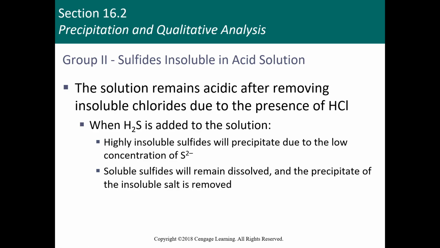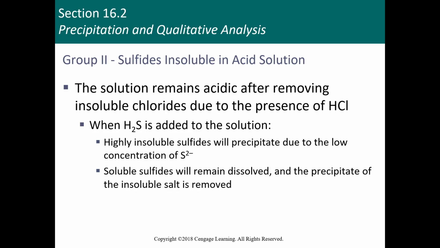When you add the H2S, the highly insoluble sulfides will precipitate due to the low concentration of S2-. So the ones that are extremely insoluble will first come out as a solid. The soluble sulfides will remain dissolved, and the precipitate of the insoluble salts can then be removed.